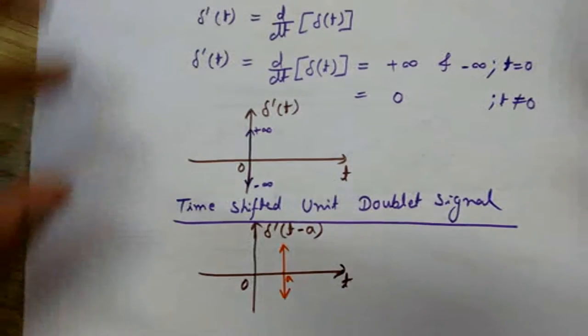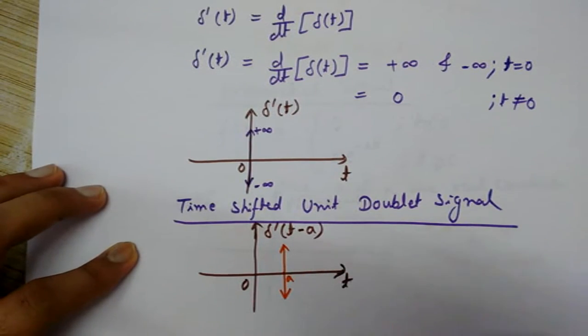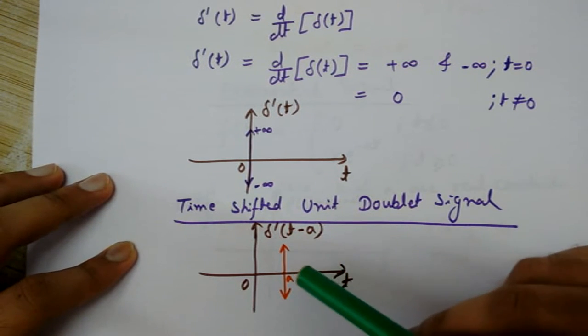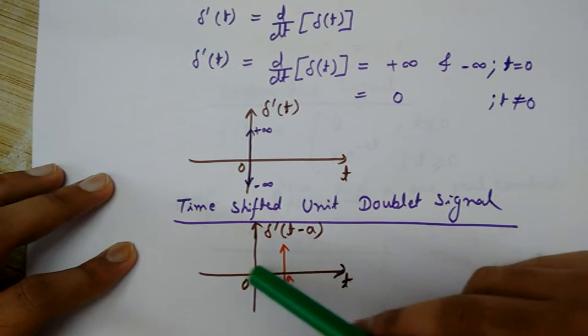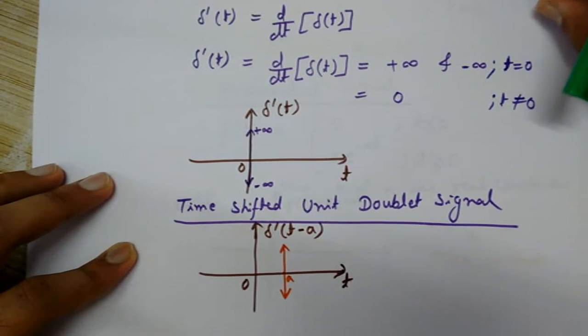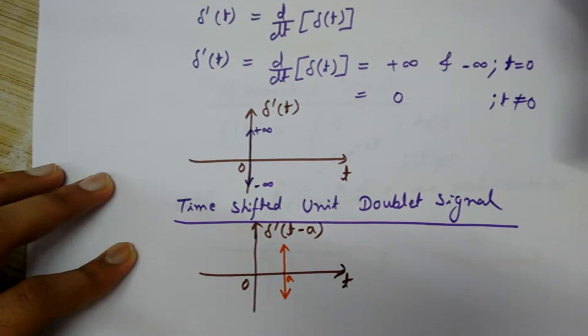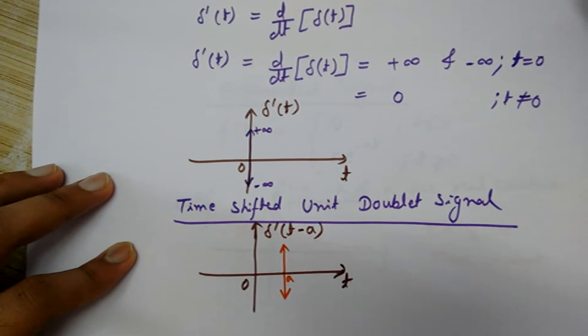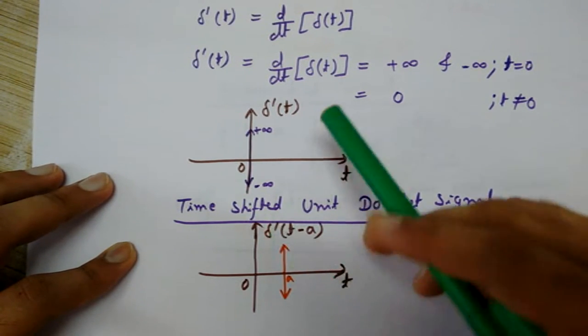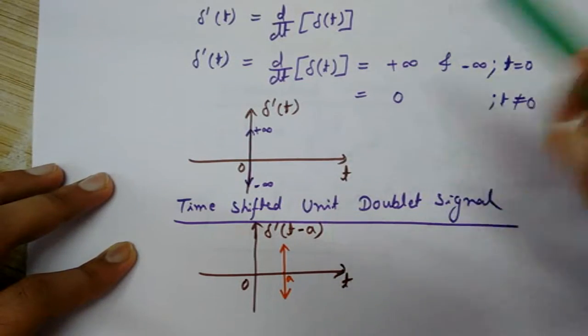Now see the time shifted unit doublet signal. This is the graph of the time shifted unit doublet signal. You can see it has been shifted by a constant value a to the right side, so it has been delayed in time by a. It is denoted by delta dash t minus a, where delta dash stands for the unit doublet.